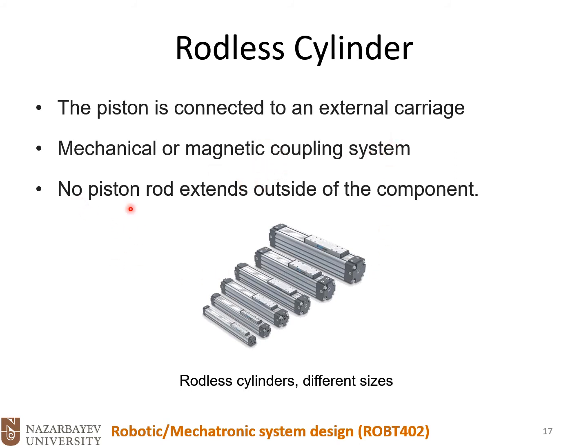No piston rod extends outside of the components. We have a piston inside. Without the piston, we cannot, of course, have a meaningful pneumatic cylinder. But the piston is attached to the external carriage, not a rod, and this carriage basically applies the force and does the work.